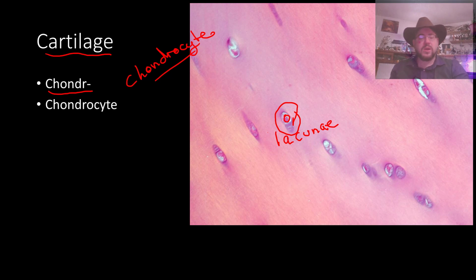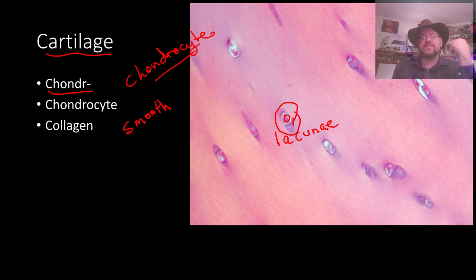So, cartilage is very thoroughly packed with collagen, right? So we have smooth cartilage in a lot of different places in our body. It's extremely smooth. It's great for reduction of friction.